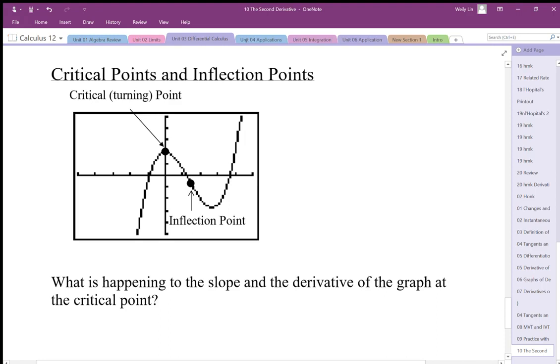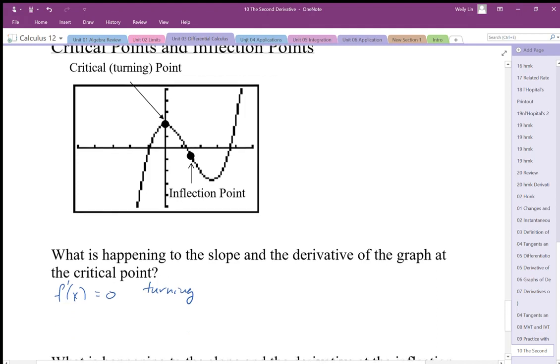So what's happening to the slope of the derivative at the critical point? Well, f prime equals 0 at the turning point. We're giving it lots of different names: it's a max, min, turning point. So that's a turning point.